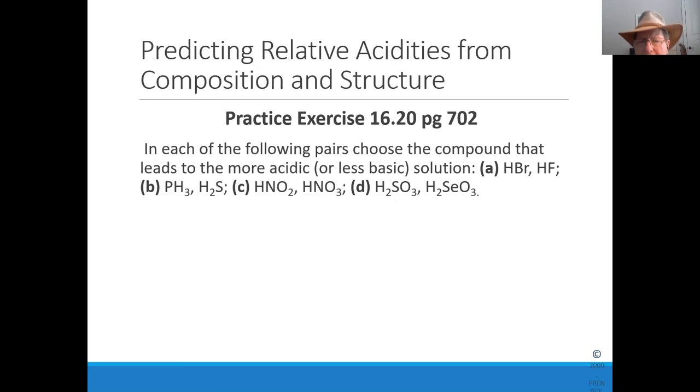What is more electronegative, S or Se? Is it Se? Which one is higher on the periodic table? Oh, S. So S is higher in the periodic table. It is the more electronegative.